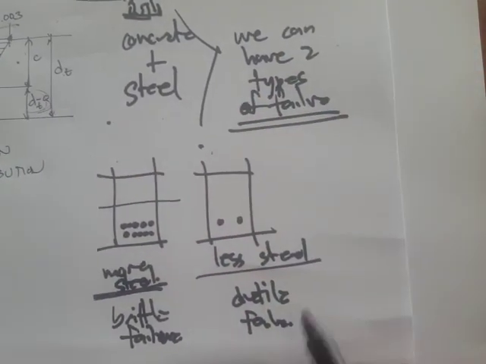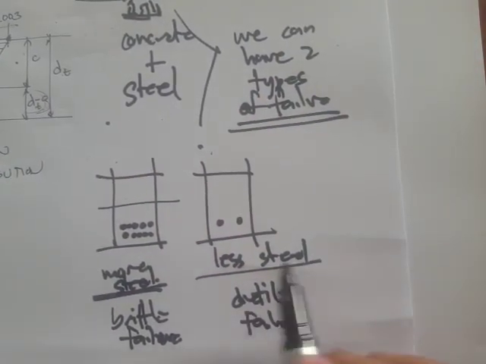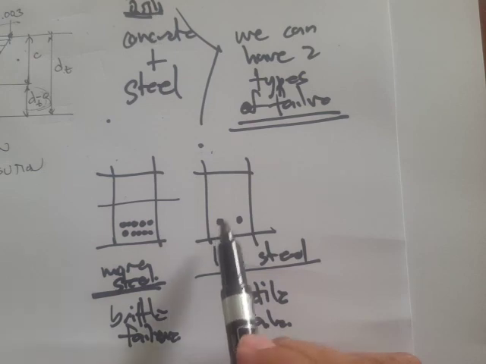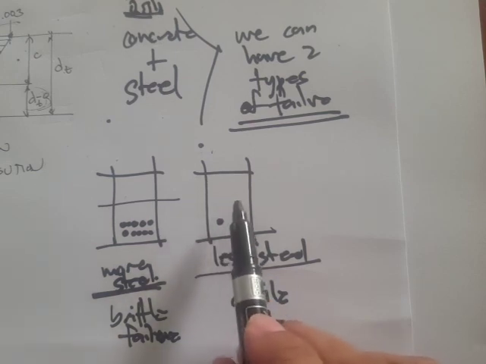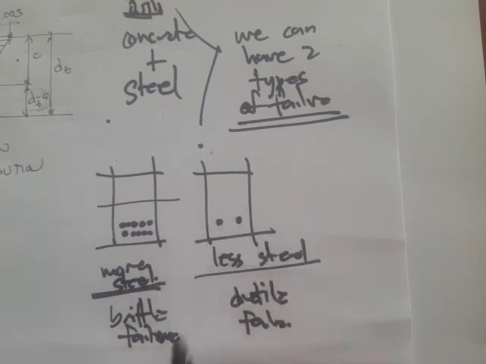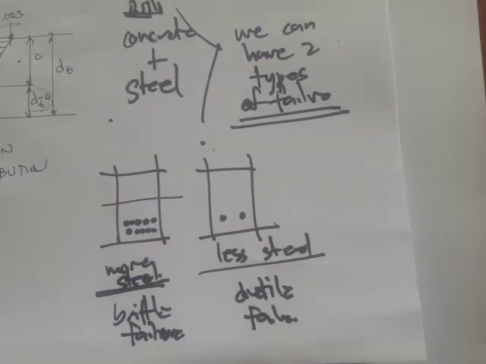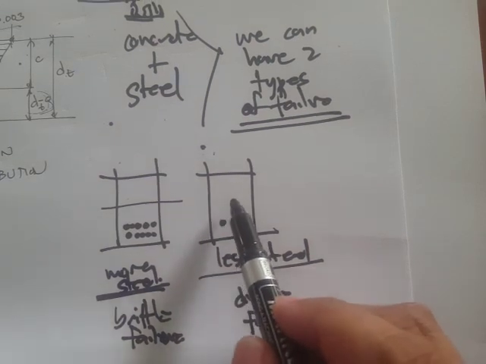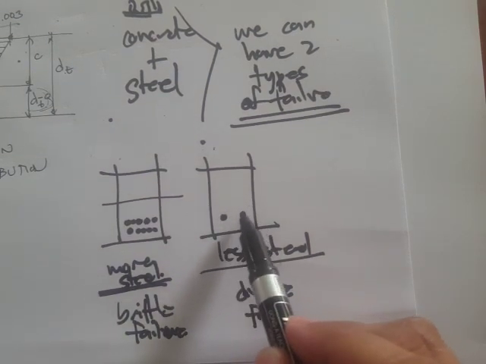Whereas for steel, if we have less steel and we apply the loads, the concrete capacity would be enough compared to the steel area.